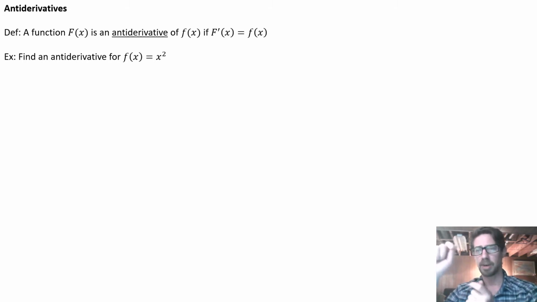So think about if it was just x cubed. The derivative of x cubed is 3x squared, right? It's not x squared. So you just have to think about how do you cancel out a multiple of 3? Well, you cancel out a multiple of 3 by dividing by 3. So if you had x cubed over 3, right, by the power rule, that would be 3x squared over 3, which would just be x squared.